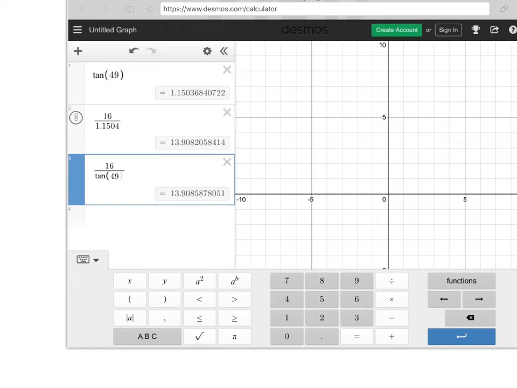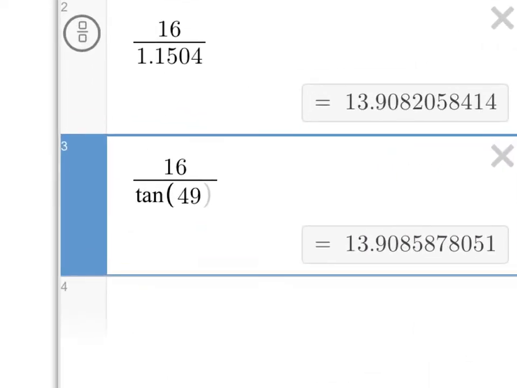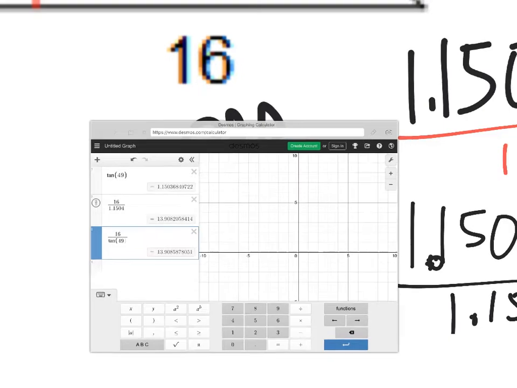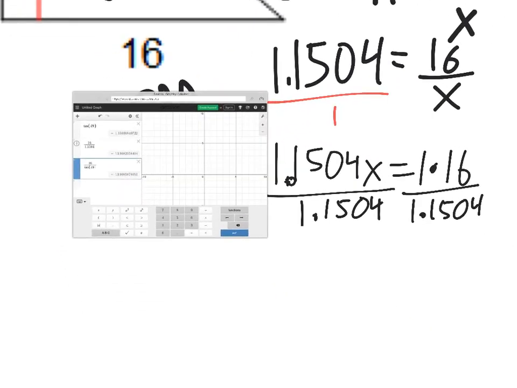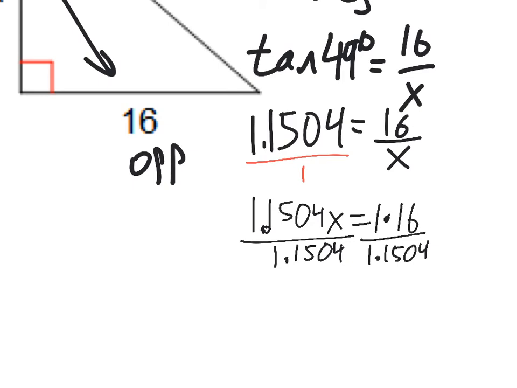This one's more exact. And zoom in a bit there, you can see that. All right. But for most purposes, if we round this to 4 decimal places, then this answer will be fine, okay? And we'll round our answer here to 1 decimal place for our final answer. But keep 4 decimal places during the problem, and then when we get to the end, that's when we can round off a little bit more. So we ended up with 13.9.